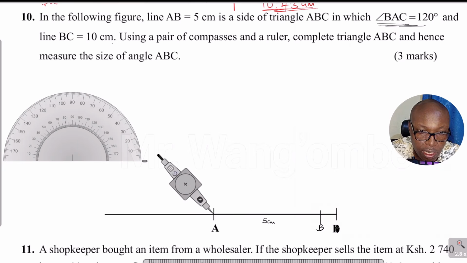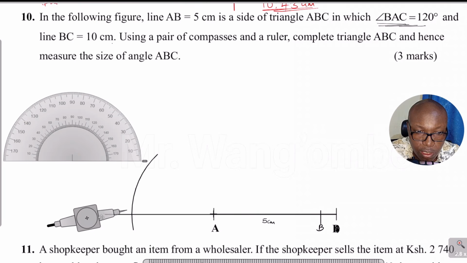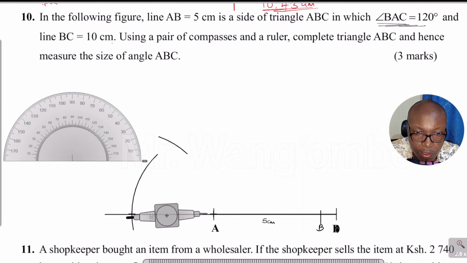So just mark a big arc there, then with the same radius, without changing that radius, come and cut that arc. I have to stand there and mark that arc once again.